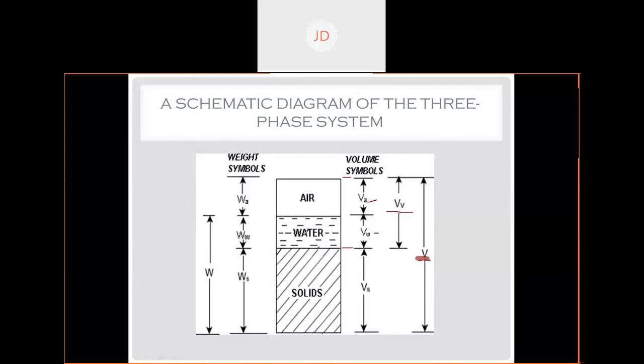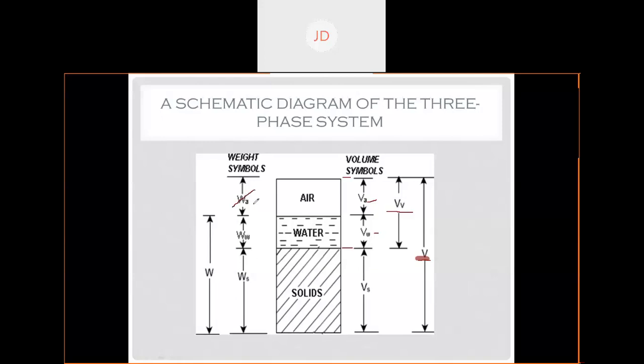It represents weight of the water. Now Wa represents weight of air. In this case, this weight of air is very negligible, so we can neglect that. Wa is not considered here.